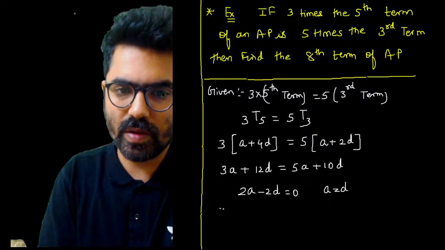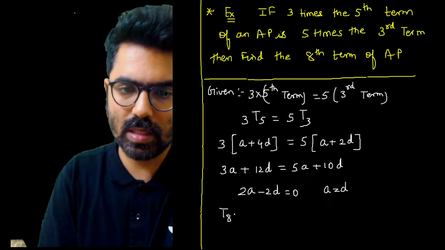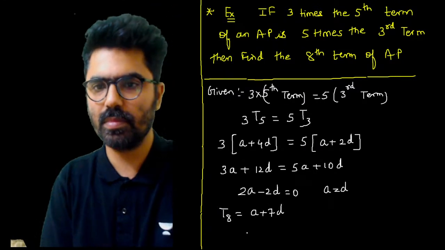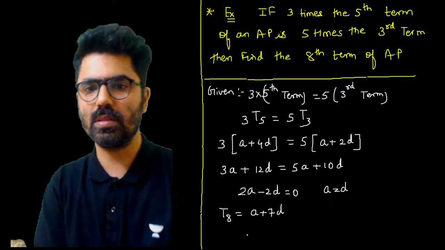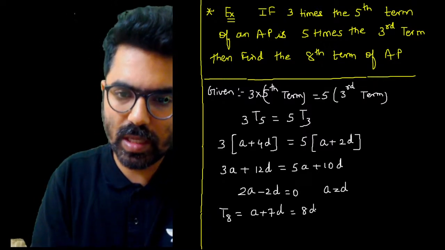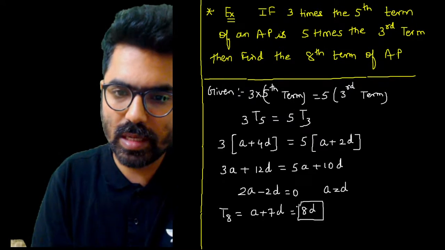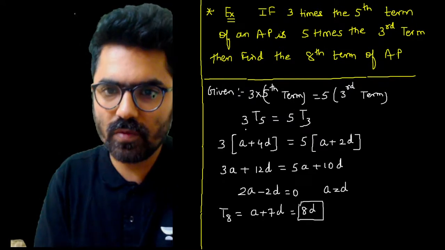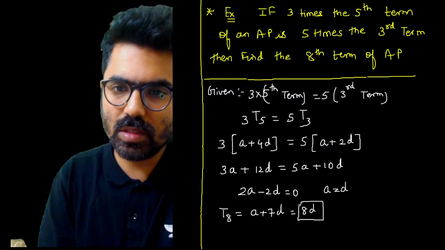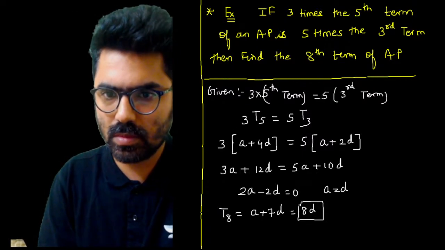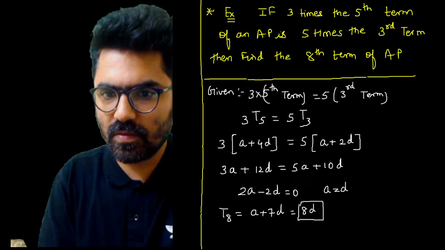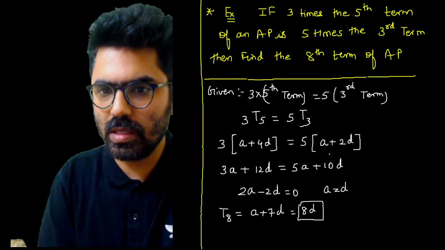They have asked what is the 8th term. It is A plus 7D. As we can see, A and D are both the same, so 8D is the 8th term. Here, let me see whether the value of D and A is given or not. So 3 times the 5th term is 5 times the 3rd term; if we simplify, 3A plus 12D equals 5A plus 10D.